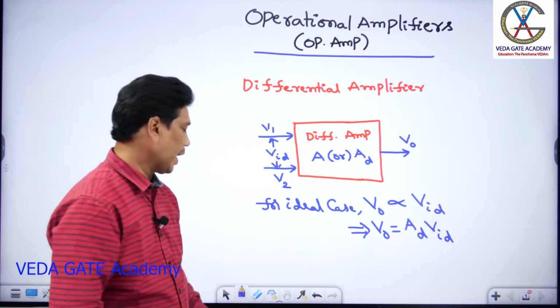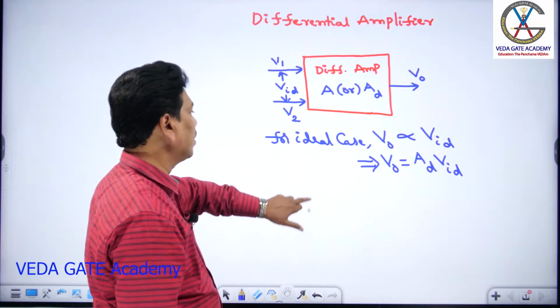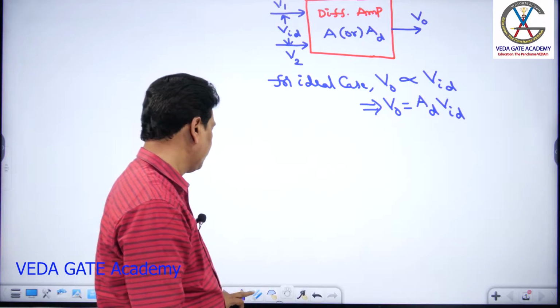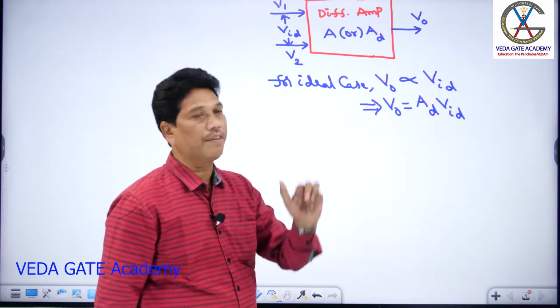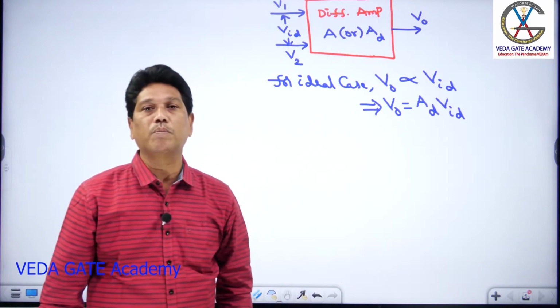Suppose if you go for the practical case, the output not only depends on the difference of the two input signals, the output can also depend on the common mode signal to both inputs.